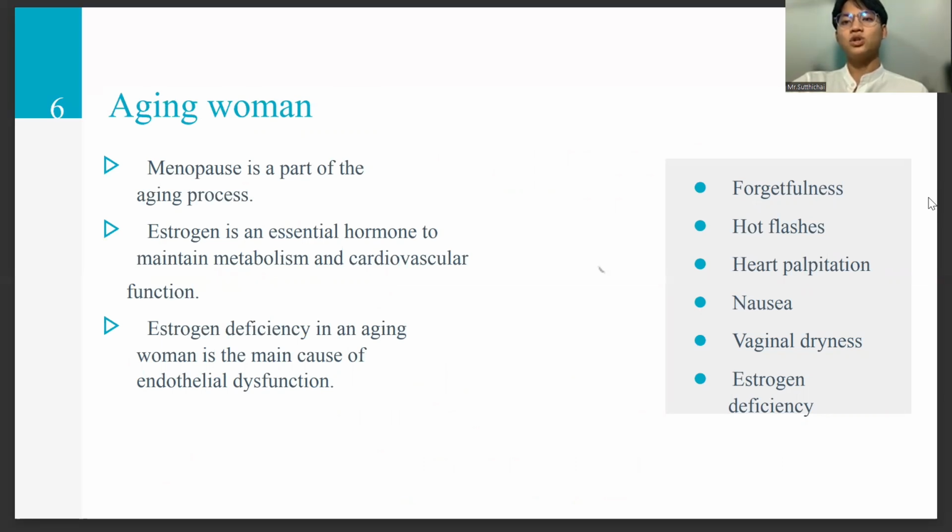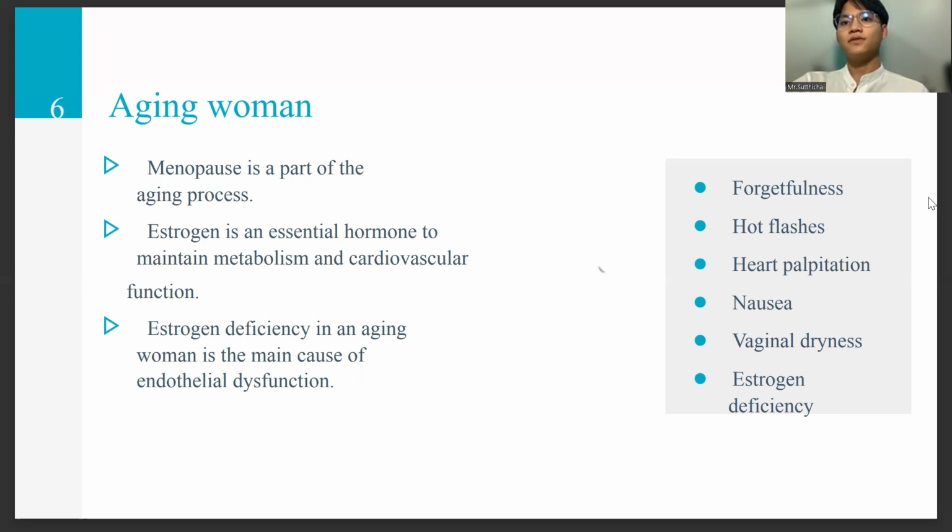Estrogen is an essential hormone that is most often associated with women. It helps develop and maintain both the reproductive system and females' characteristics. Estrogens contribute to cognitive health, bone health, and the functions of the cardiovascular system.